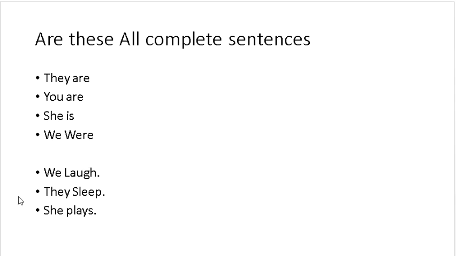Then look at these three. We laugh, they sleep, she plays. What do you think, are they making sense? So you can see these first four, this group doesn't make us any sense unless we have anything at the end of these sentences.